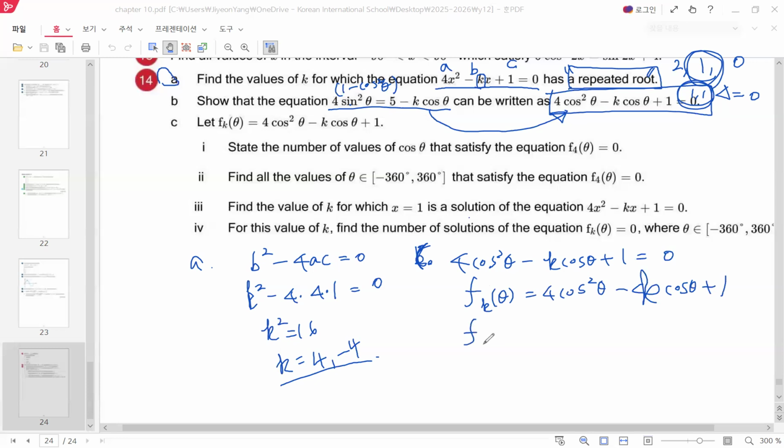It means that if I write f sub 1 of theta, it should be 4 cosine squared theta, and then you should substitute which number for k? Guys, please compare these two. Instead of k, it is written as 1. So instead of k, you should write 1. Do you understand?